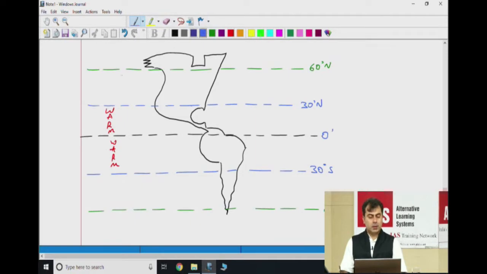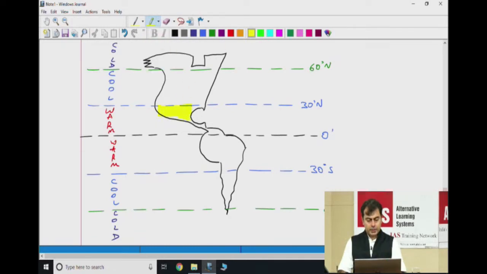Which is the cool part? Which is the cold part? Is everyone okay with that? So warm, cool, cold is done. So I have the colors, you don't worry about this. So let me use those colors.